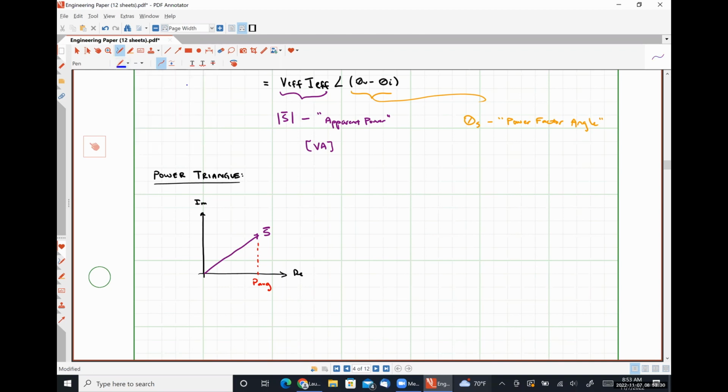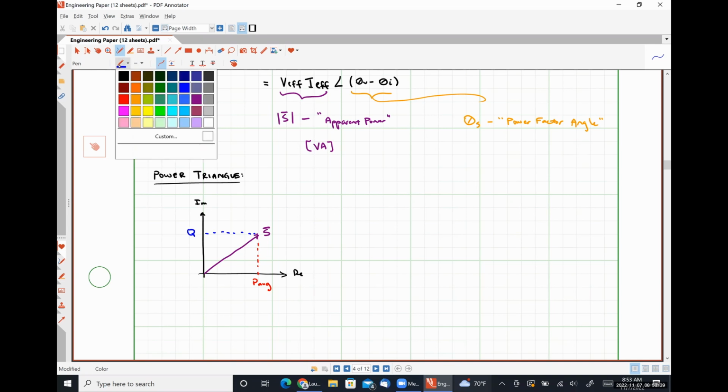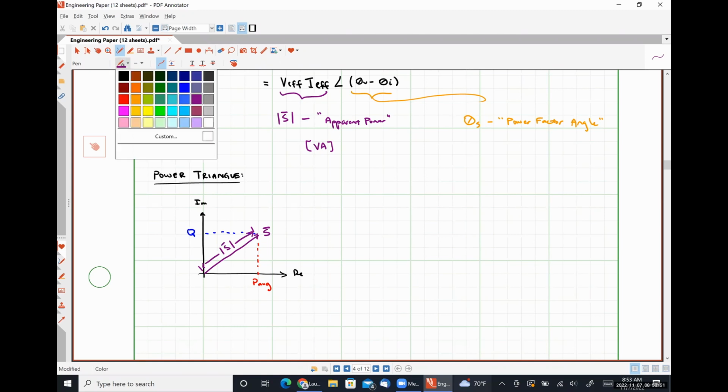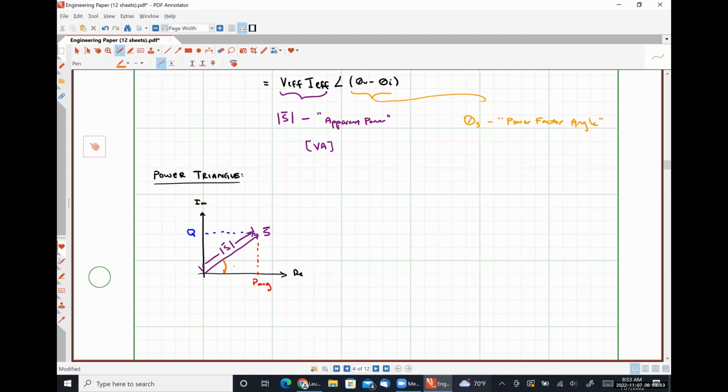The projection of S onto the imaginary axis is the reactive power. The magnitude of S is the apparent power, and the angle formed between S and the real axis is the power factor angle.